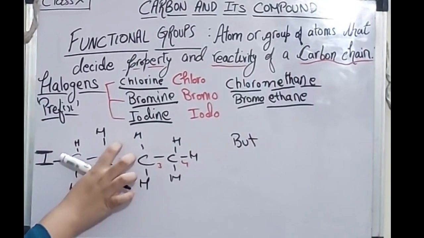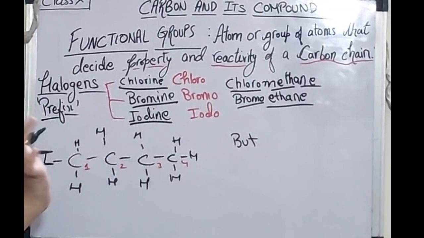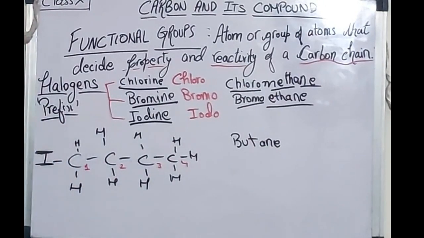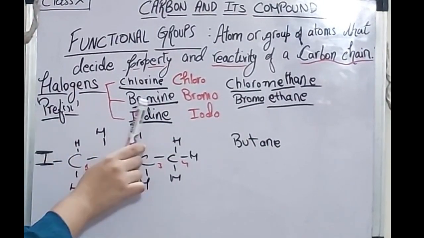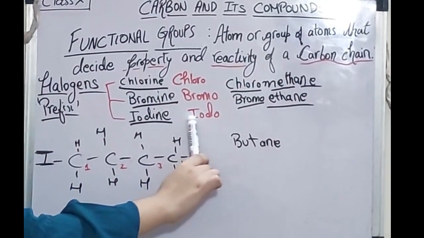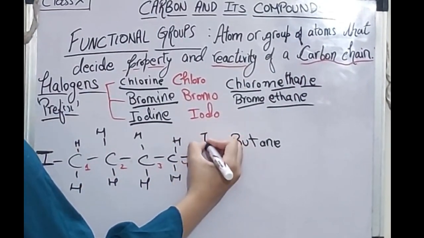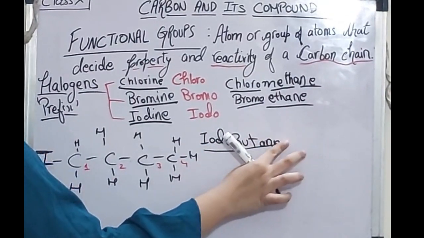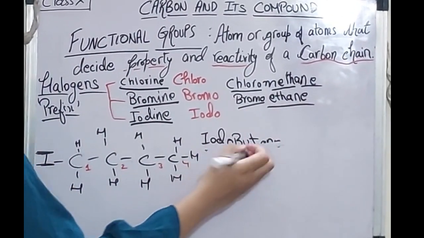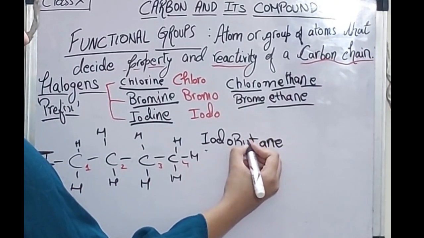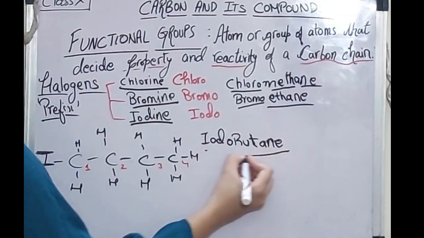Now all have single covalent bond, no double covalent bond. So butane हो गया. Now इस I को भी लिख रहा है. I का प्रीफिक्स है. प्रीफिक्स मतलब मेन वर्ड से पहले लिख रहा है. What is this? Iodo. So iodo. Oops. I did it. Okay. So this is what?